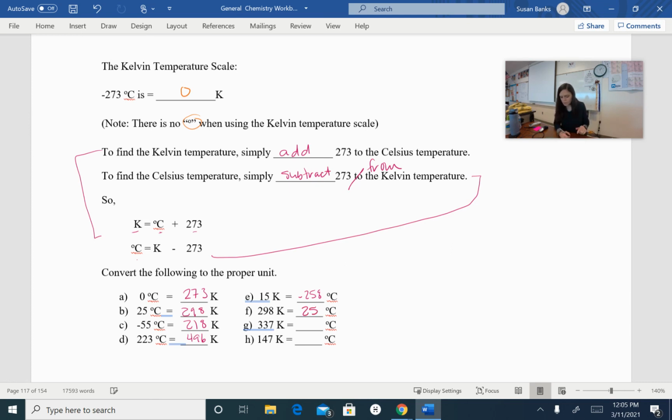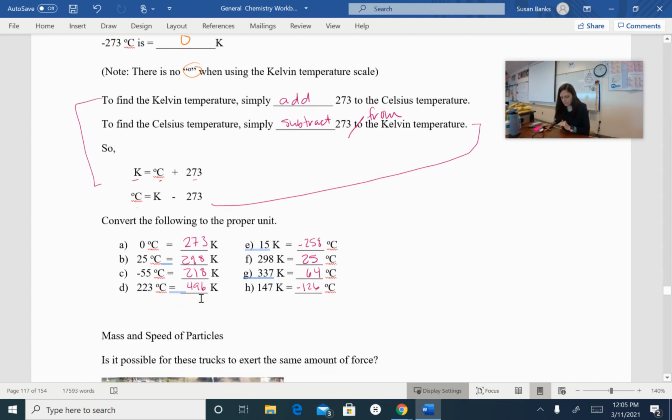Okay, so 298 minus 273 is 25. 337 minus 273 gives us 64 degrees Celsius. And 147 minus 273 gives us negative 126 degrees Celsius. Okay, so that is how you convert from Kelvin to Celsius and Celsius to Kelvin.